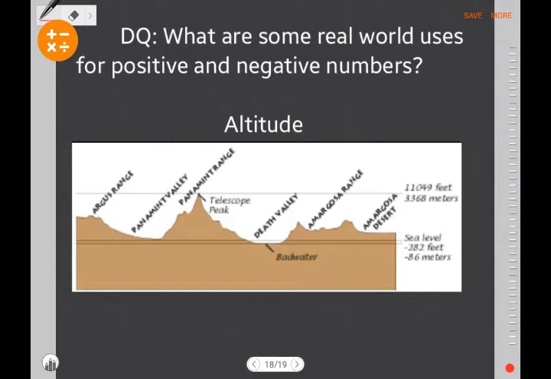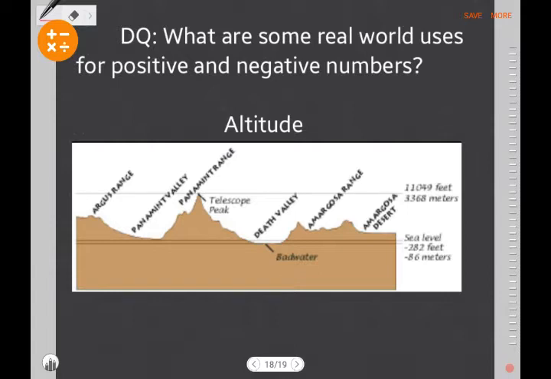As we go up above sea level, the numbers are recorded as positive numbers. When you drop below sea level, those numbers are recorded as negative numbers. And that's just like on our vertical number line, where above 0 is positive, below 0 is negative.